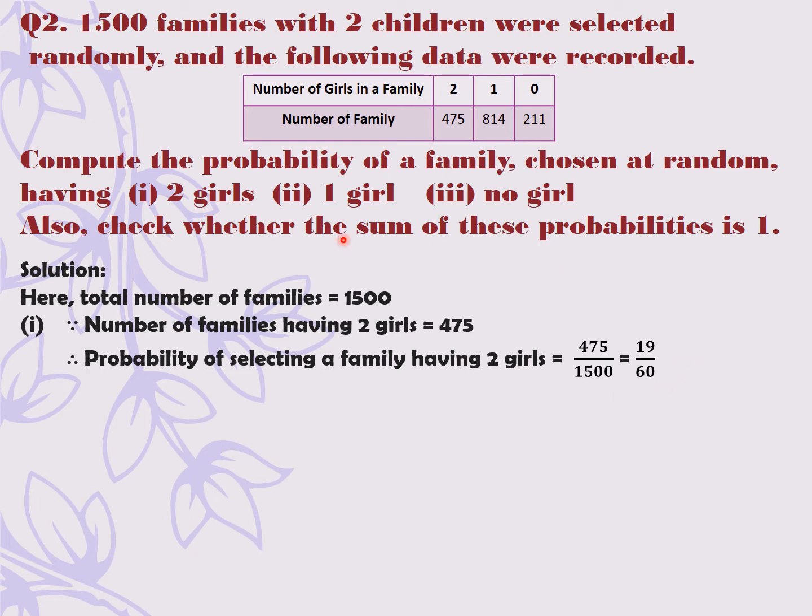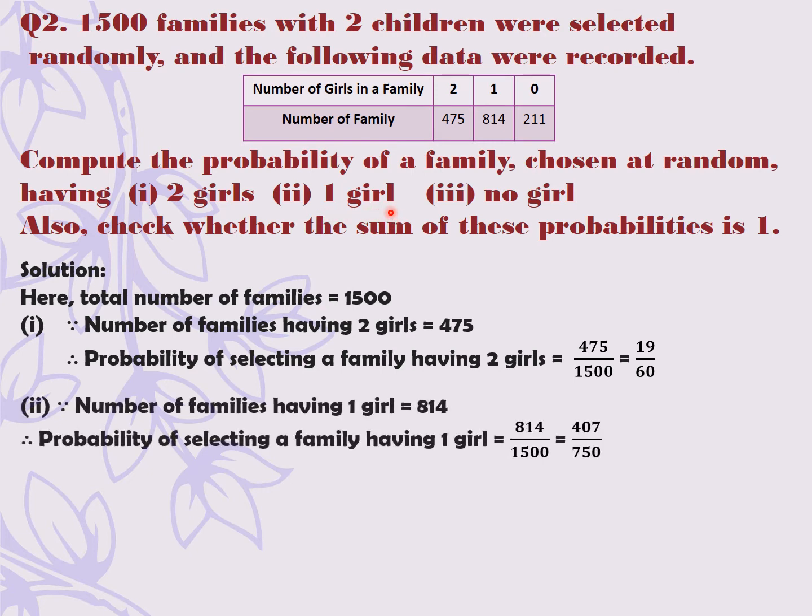The second part asks us to find the probability of a family chosen at random having only 1 girl. The number of families having only 1 girl is 814 from this table. Therefore, the probability of selecting a family with 1 girl is equal to the number of families with 1 girl, which is 814, and the total number of families, or outcomes, that is 1500.